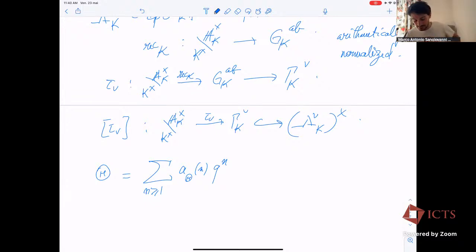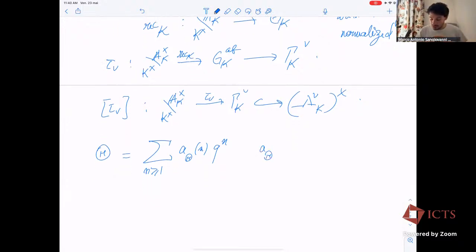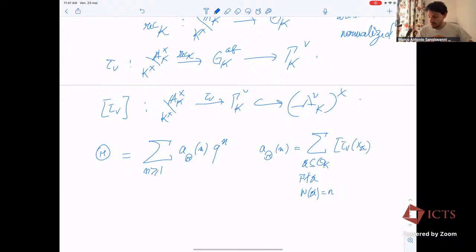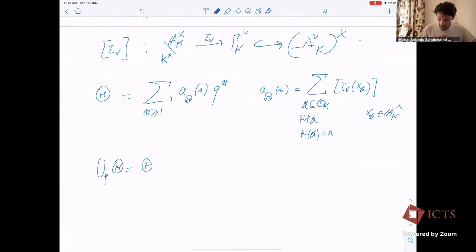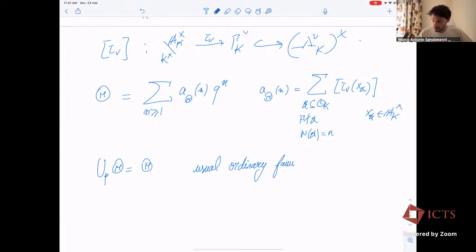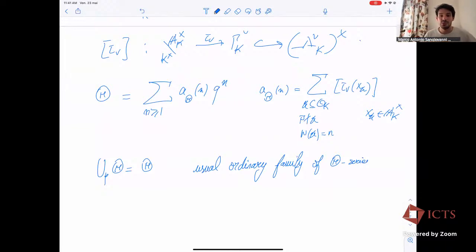So this is the q-expansion of theta as a Hida family, and the expression for a_theta(n) is the sum over ideals A inside O_K such that p does not divide A and the norm of A is n, of tau_v of x(A), where x(A) is an element of A_K cross which corresponds to A. So this is the usual ordinary family of theta series, or CM family of CM forms, so U_p of theta is theta.